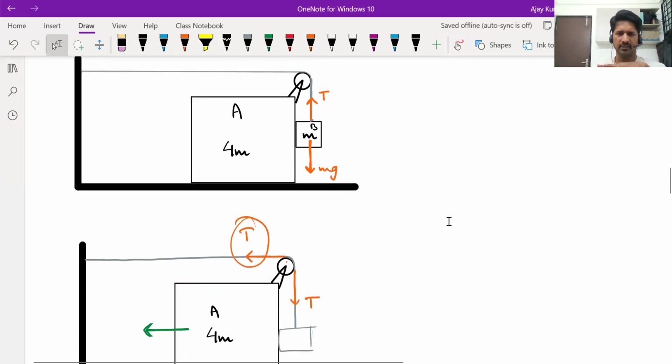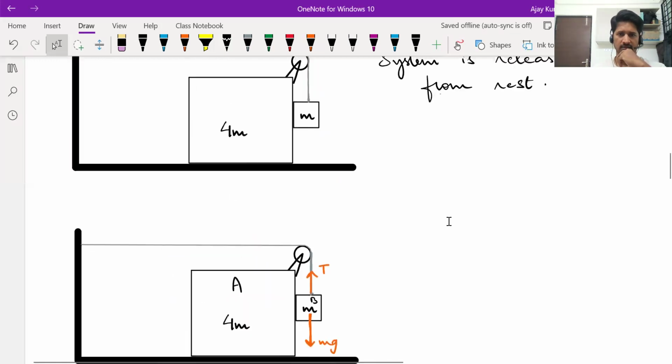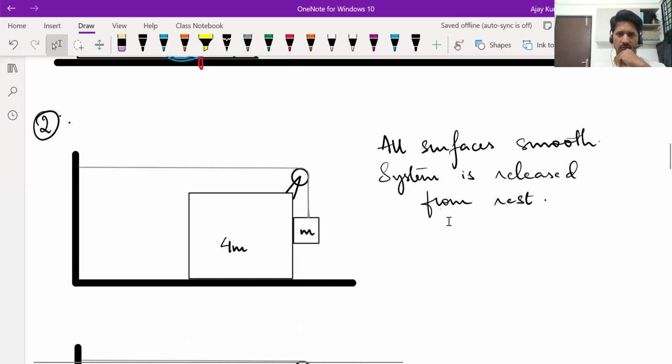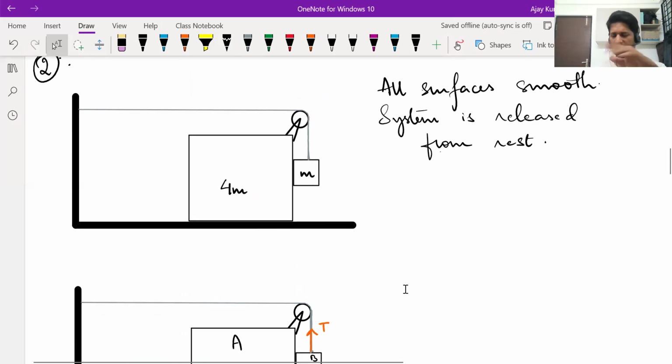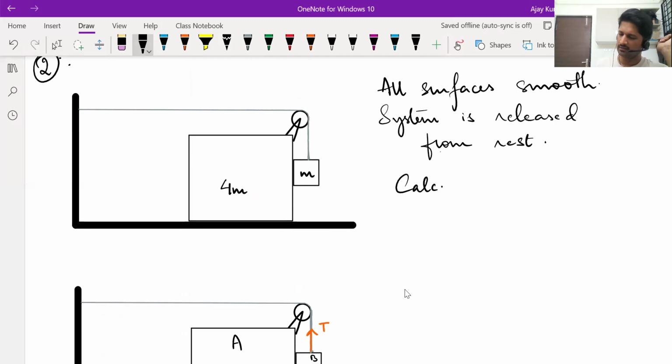Fine, then you can simply write equations. Try to solve this, all of you. Calculate the accelerations of the blocks A and B. The answer will be in terms of g. See, masses are not given in numbers, right?